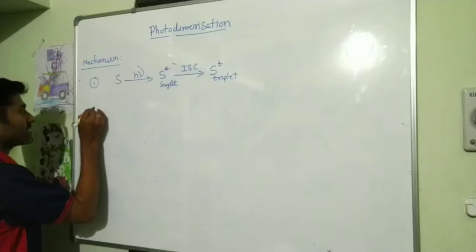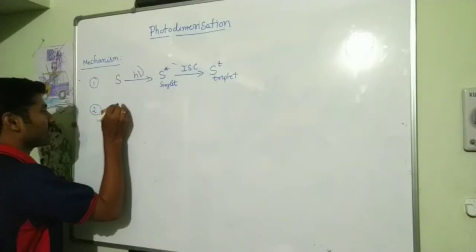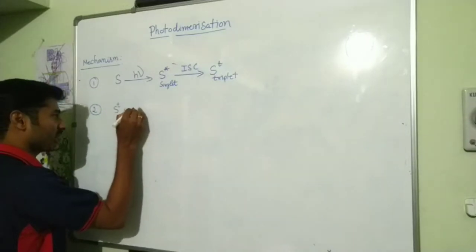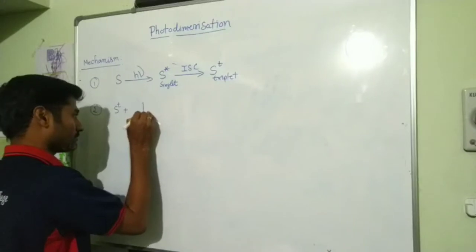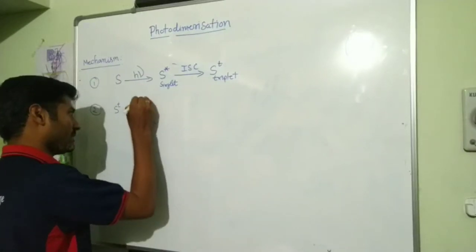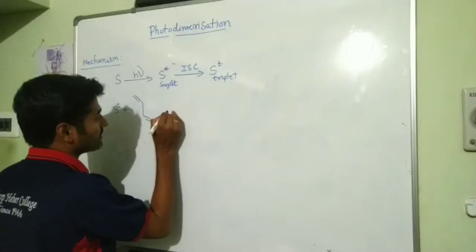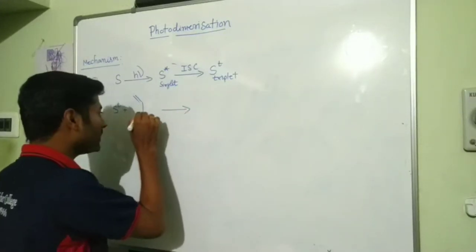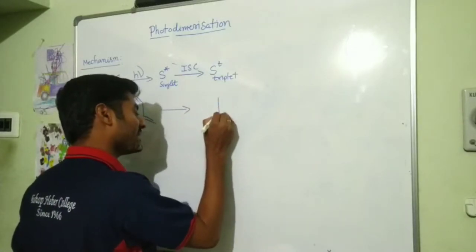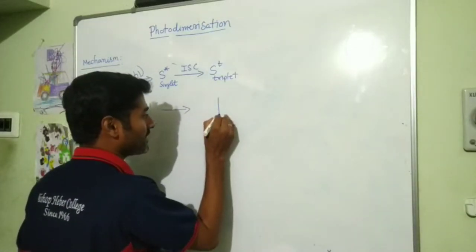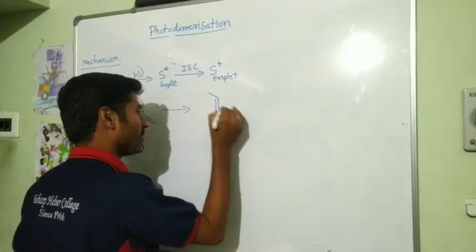And in the second step, as we already know, the triplet state sensitizer will interact with butadiene. When it interacts with the butadiene, your butadiene will undergo excitation and form a biradical.